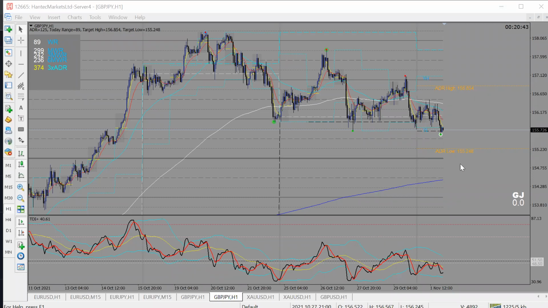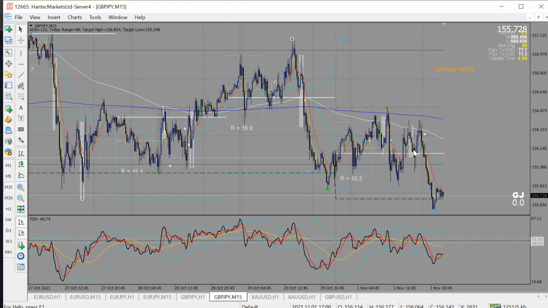Now, there's something I forgot to tell us. This strategy applies on the M15 time frame. So you go to your M15 time frame.